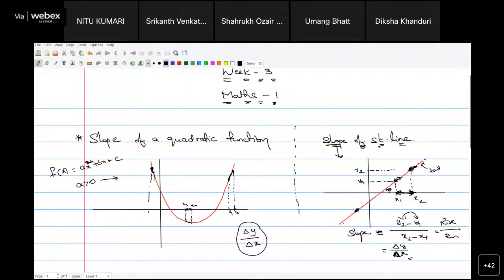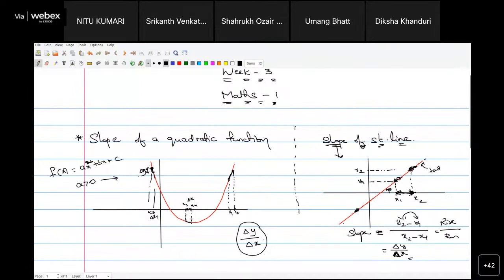Let's suppose I move right of that point. If this is delta x, then this will be delta y. This delta y by delta x will be different when compared to this delta x.